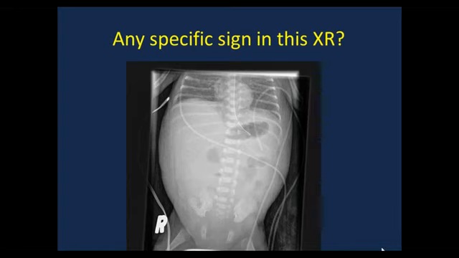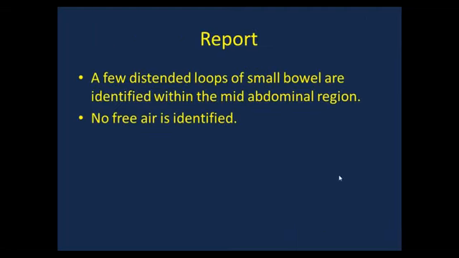In the X-ray, we couldn't identify any specific sign of NEC, apart from paucity of bowel gas, but this is not a specific sign. As reported by the radiologist, few distended bowel loops are identified within the mid-abdominal region.